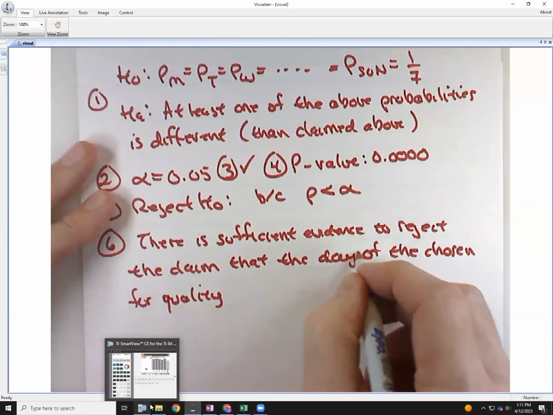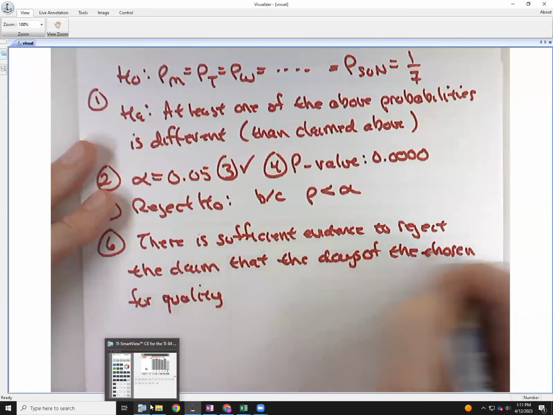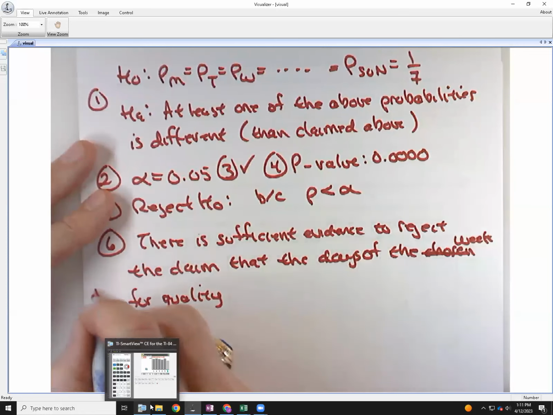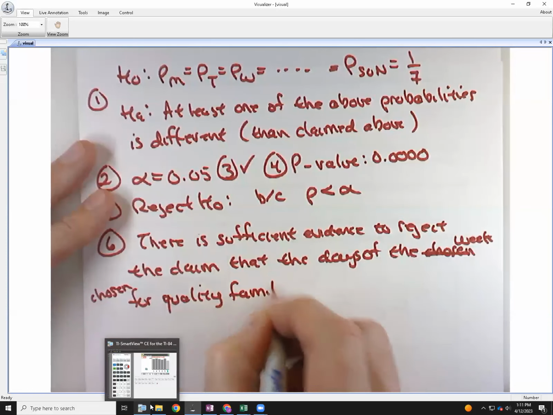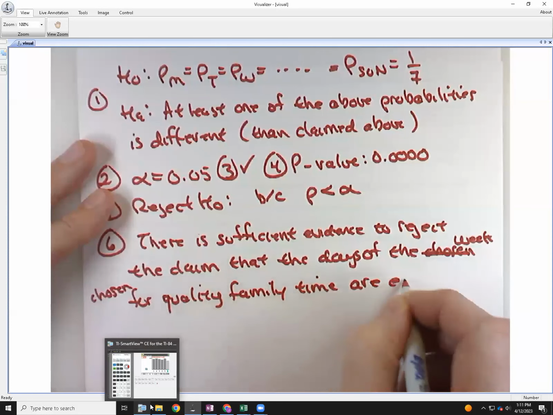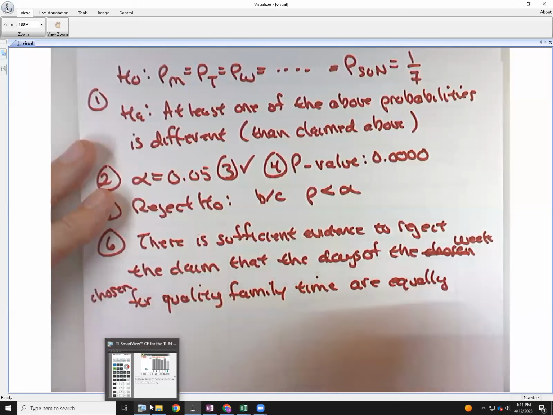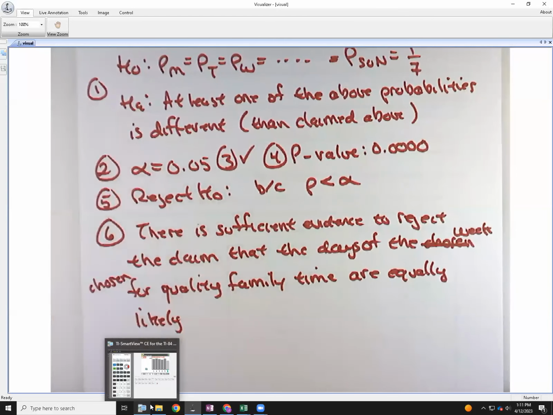I should put days of the week. Yeah, I missed a word here. Days of the week chosen for quality family time are equally likely. So we got rid of that. It's not true that they're equally likely.